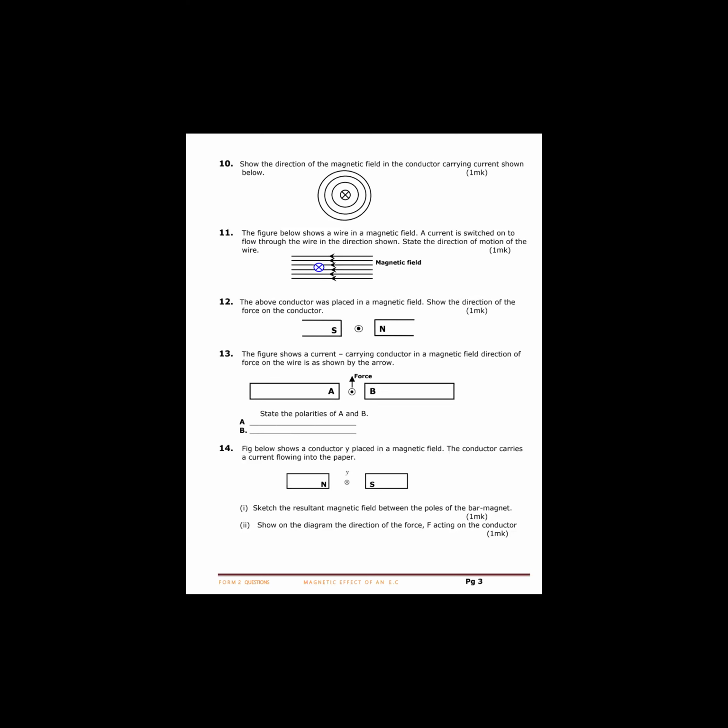We expect magnetic effect. First of all, we must know that fields normally originate from the north to the south. So the arrows will be pointing towards the south pole.